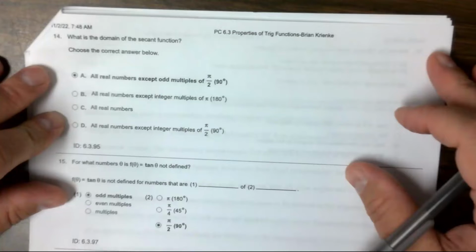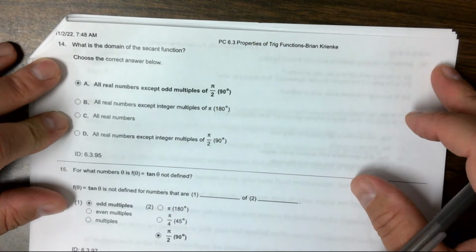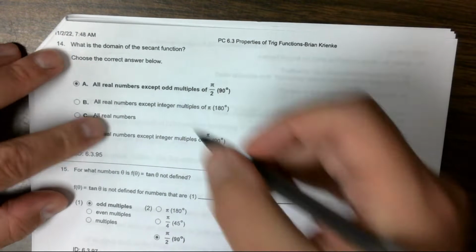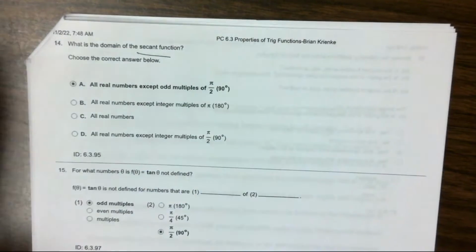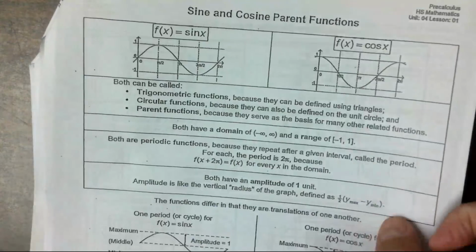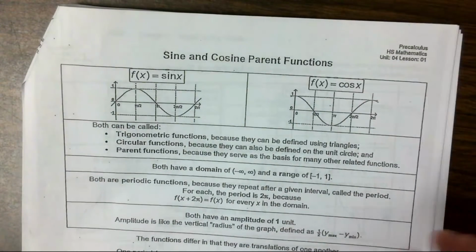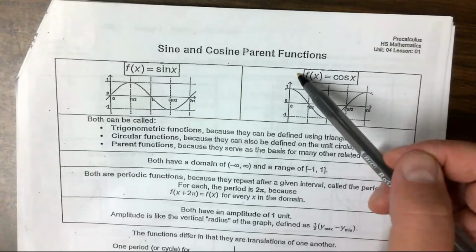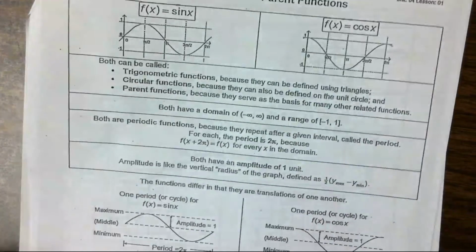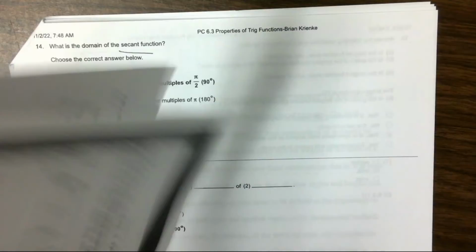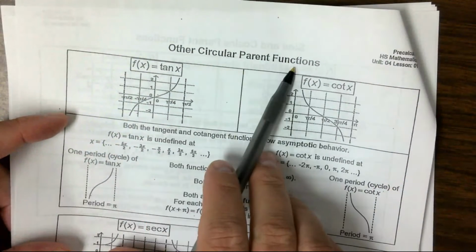Now number 14, what is the domain of the secant function? So to get that, we go to this page, which is all about sine and cosine. You see their domain and range. You flip it to where it says other circular functions.